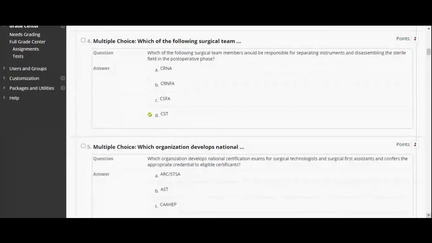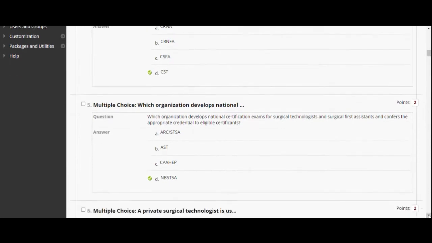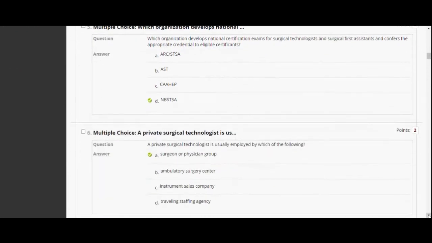Which of the following surgical team members would be responsible for separating instruments and disassembling the sterile field in the post-operative phase? And that's the CST. Which organization develops national certification exams for surgical technologists and surgical first assistants and confers the appropriate credential to eligible candidates?